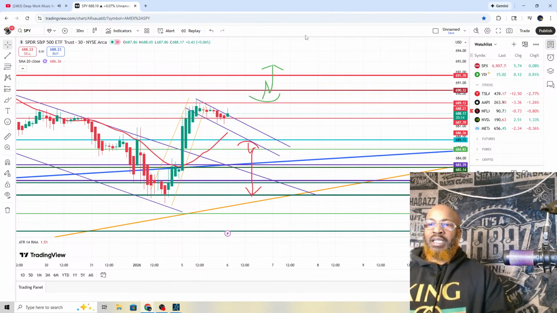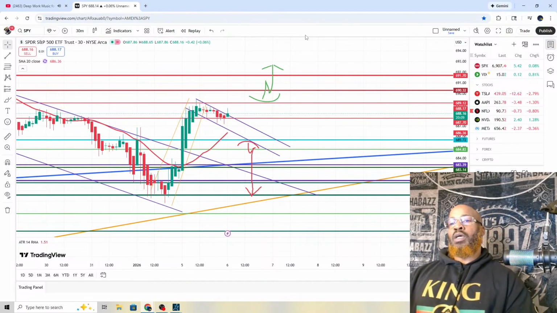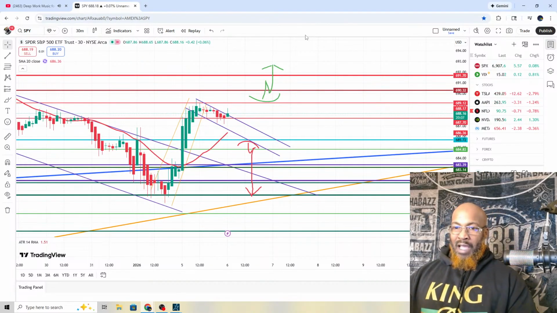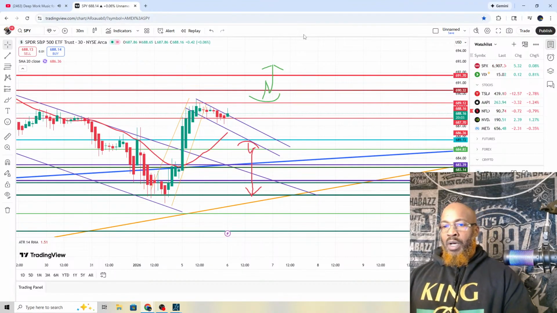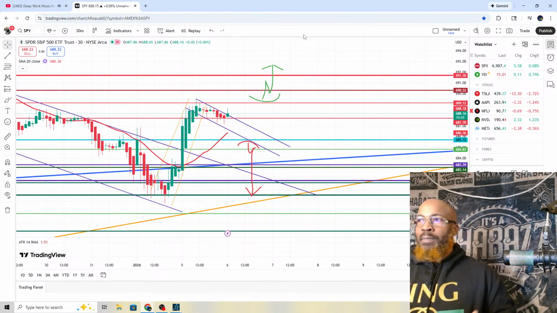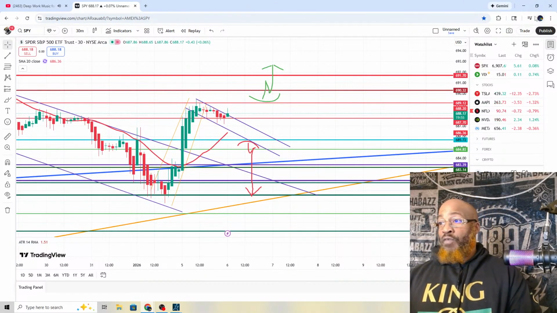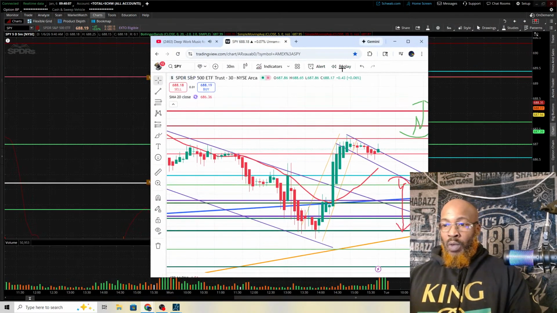So I'm either looking at a continuation on this play by the bulls, or I'm looking at a breakdown.